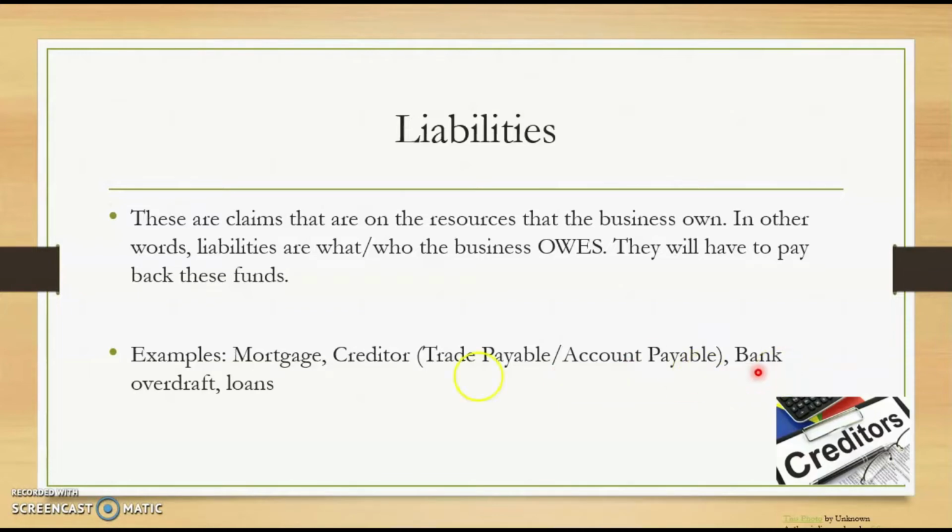And then we have bank overdraft. This is where the business used more money than they actually had in their bank account. So yes, businesses will have bank accounts, but the bank will allow them to take more than they have in their account.